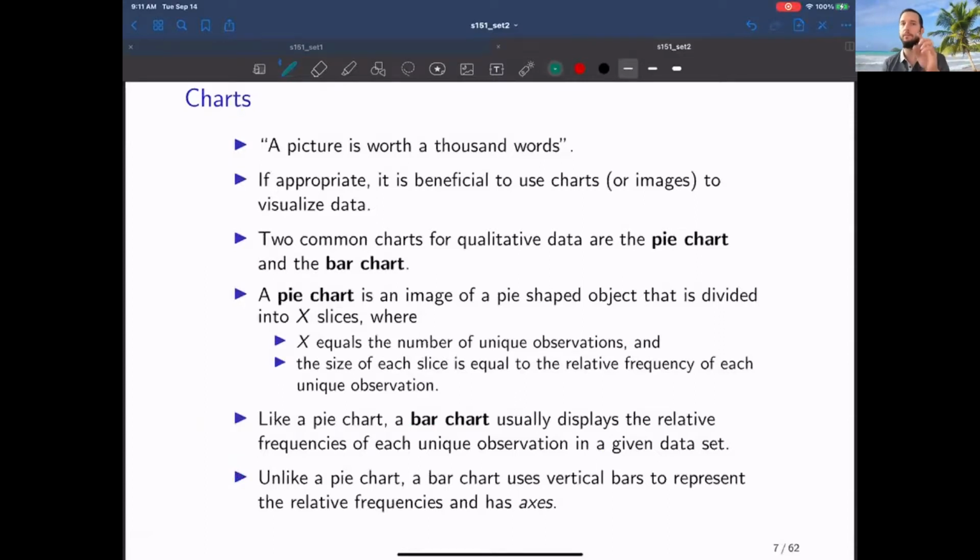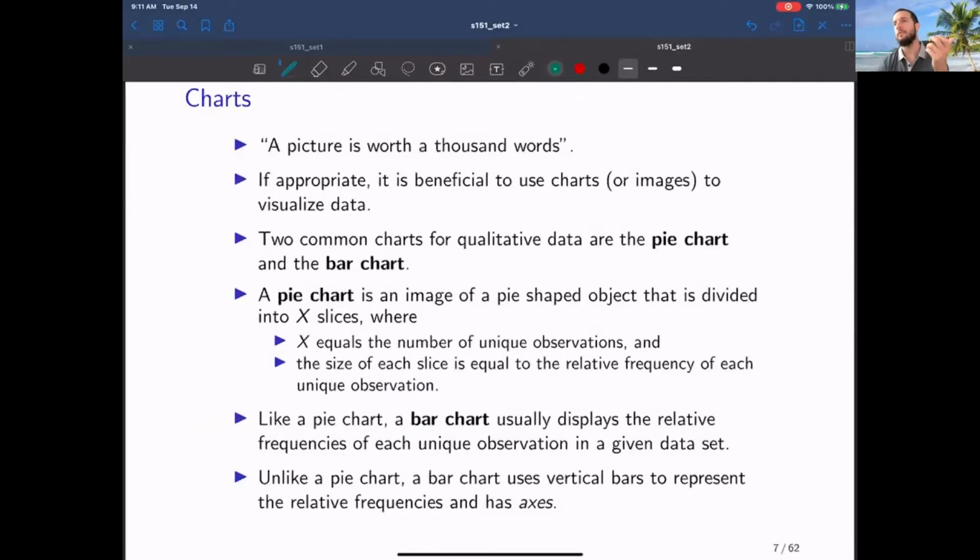These charts, the pie chart and the bar chart specifically, are the visual tools that we utilize for qualitative data. So when we have a qualitative data set, typically our process of analyzing that data would be compute the frequency and relative frequency distribution, and then construct a visualization of those distributions. And that's what the pie chart and the bar chart are.